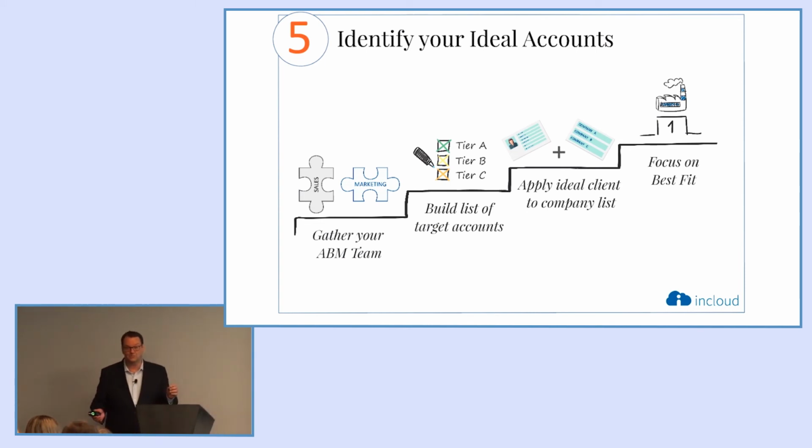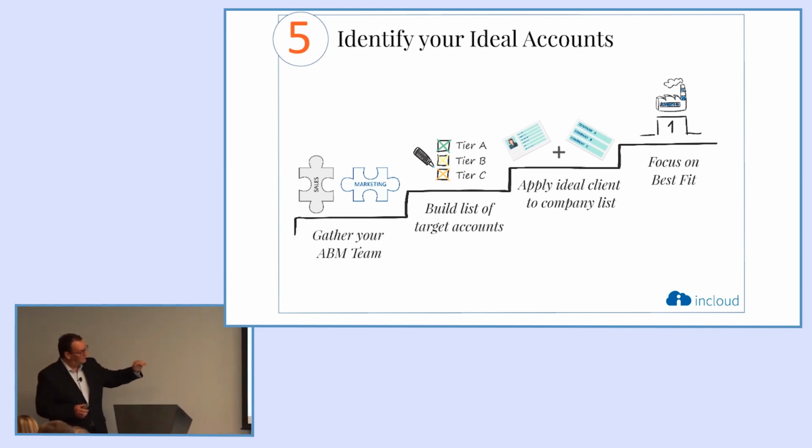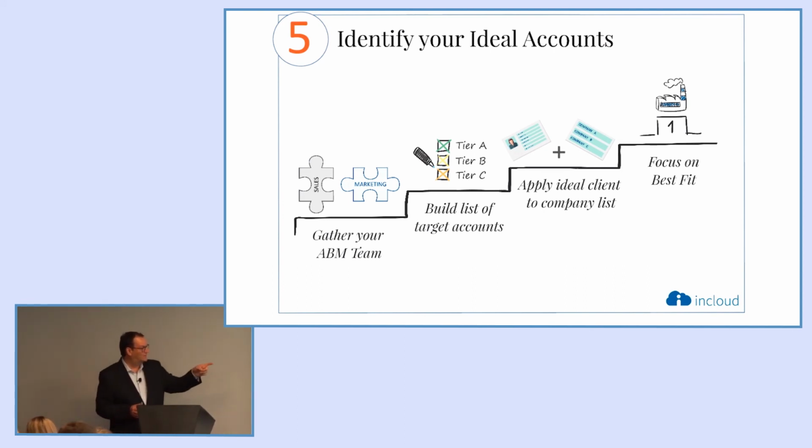And the tier C could also be a company that's too big for you and you're not ready to take on the role and responsibilities of working with that company, or they might be just too small and not quite ready yet and they have to be put into a nurturing campaign to get them to where you want them to be, right? So once you've segmented that list into those tier levels, you want to go back and apply your ideal client profiles and personas to those company lists, and that's going to allow you to narrow down those.